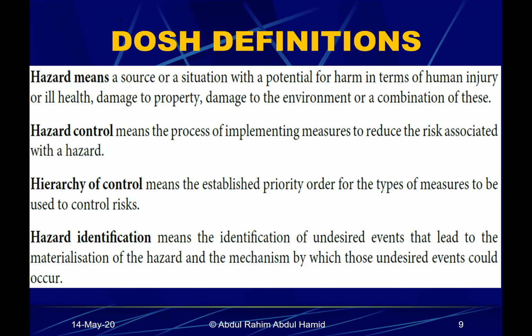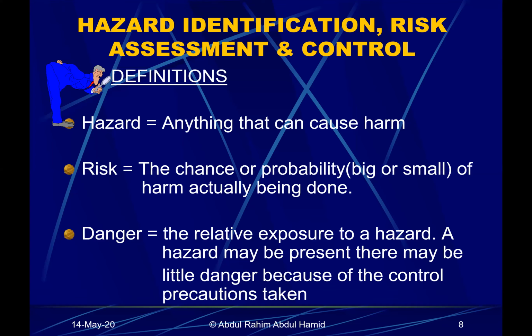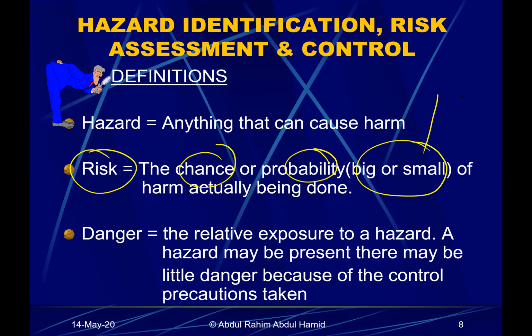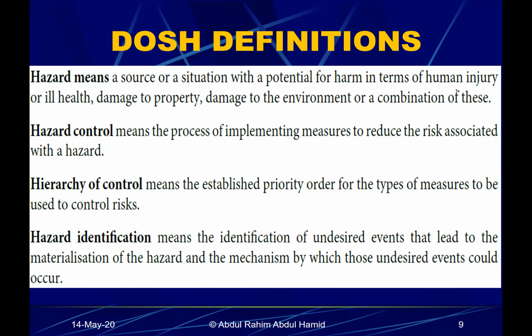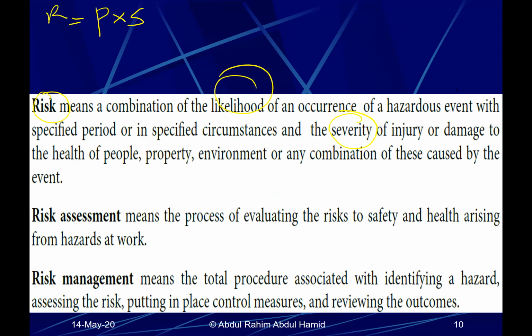As in my previous slide, risk is the chance or probability, big or small. When something is big or small, meaning to say we can quantify the risk or we can calculate the risk. Okay, so how to calculate the risk? If we attach a figure to probability, for instance, we can use a Likert scale.